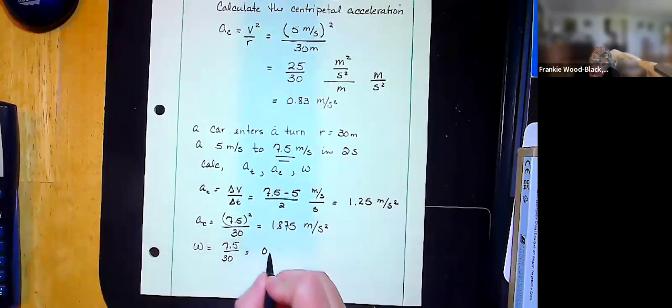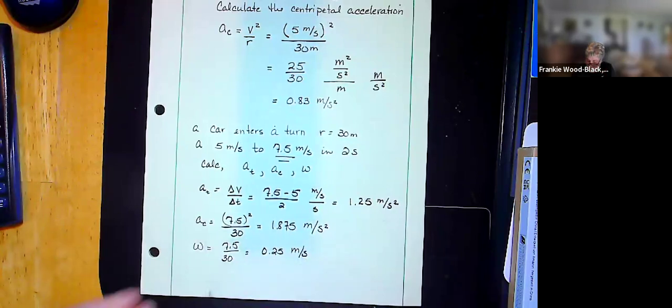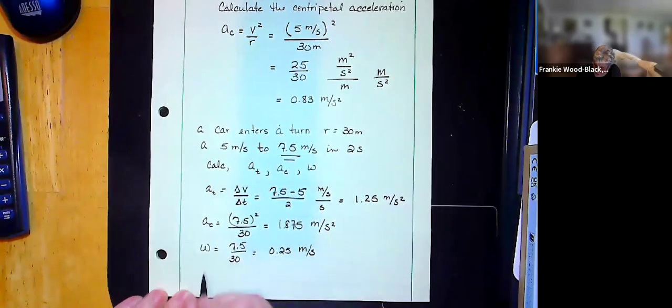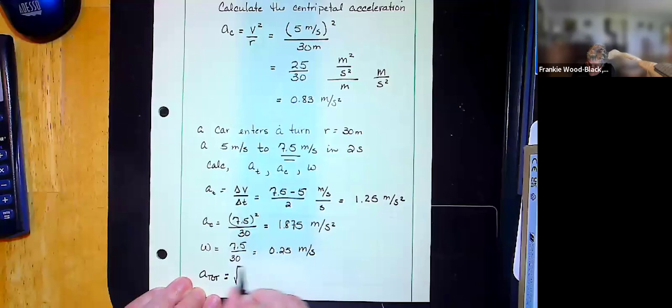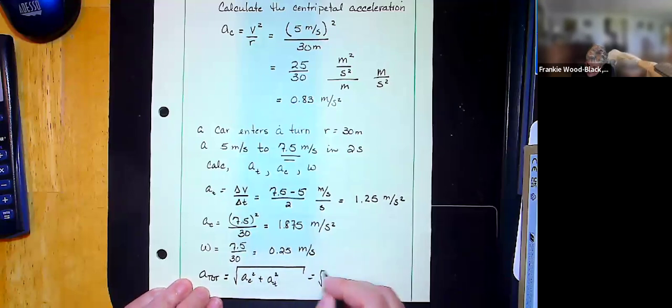Gives me 0.25 per second. But my new total acceleration is going to be my centripetal acceleration squared plus my tangential acceleration squared, and that's going to be my 1.25 squared plus my 1.875 squared.